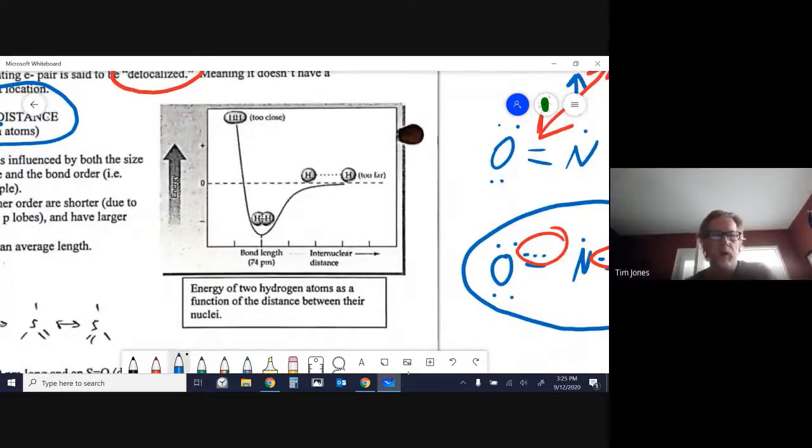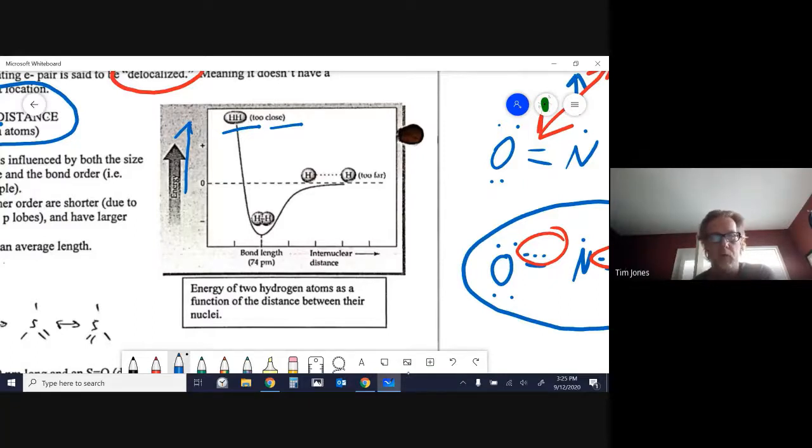If we were to try and put two hydrogen atoms really close together, the protons in the nucleus would repel each other, and that's why it's too close. The protons would repel each other, the electrons in their orbitals would repel each other, and that just would not be a happy situation. It's way too high in energy.